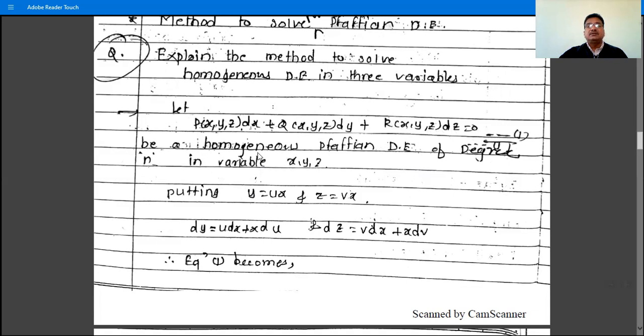So we have to discuss the method to solve this. Substitute y is equal to ux and z is equal to vx.